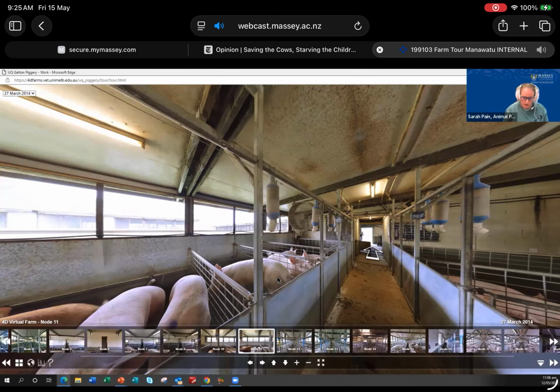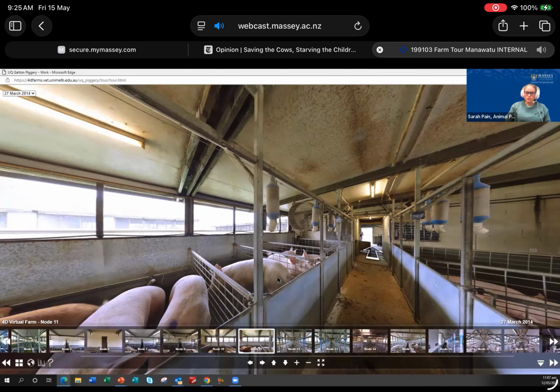So then the pigs will become finishers, and there's two endpoints for finisher pigs. You're either going to get sold as pork, okay? If you're sold as pork, you're probably about, in New Zealand anyway, about 60, 65 kilos, and about 115 to 120 days of age. So it takes about 120 days for a pig to get to about 65 kilos.